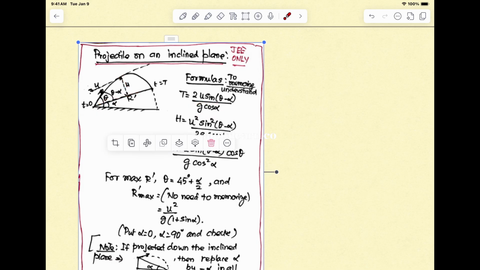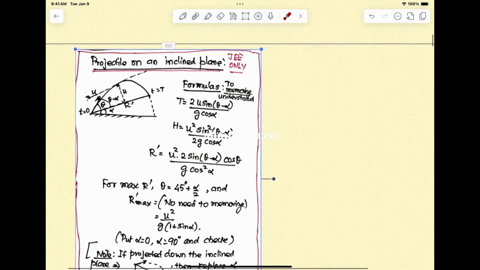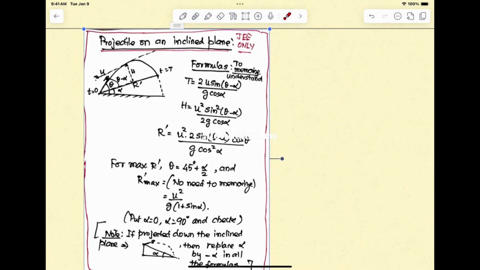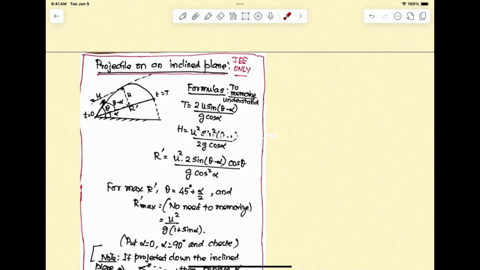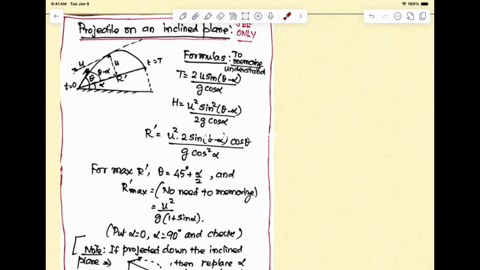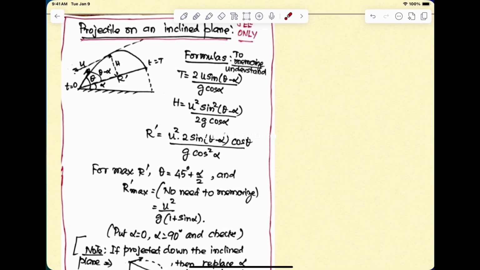Therefore, the time of flight is going to be determined by the perpendicular component of the velocity. The initial velocity is u. Let us resolve it into two components, one parallel to the inclined surface and one perpendicular to the inclined surface. We consider only the perpendicular component because the time is determined by the perpendicular component only. The perpendicular component is u into sine of the angle over the inclined plane, which is theta minus alpha.